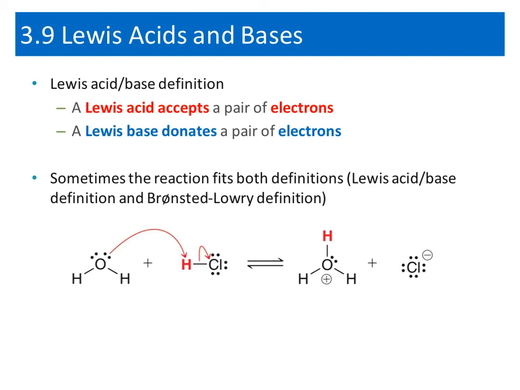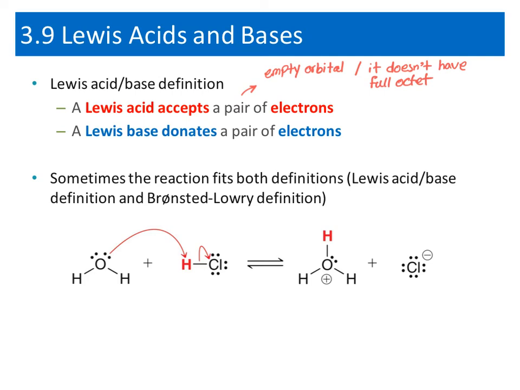So a Lewis acid is a molecule that can accept electrons, or we can even say it has an empty orbital, so it has a space to accept the electrons, or we can say it doesn't have a full octet. And a Lewis base is a molecule that can donate a pair of electrons.